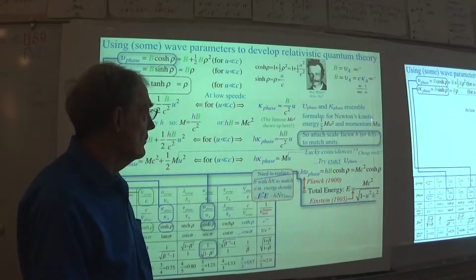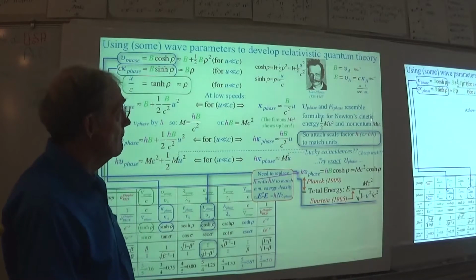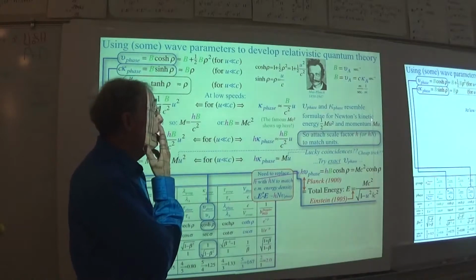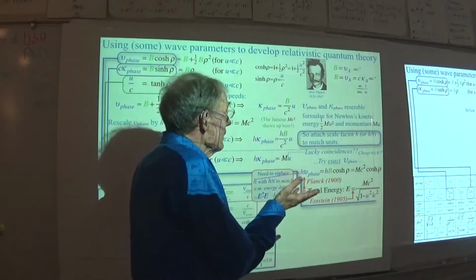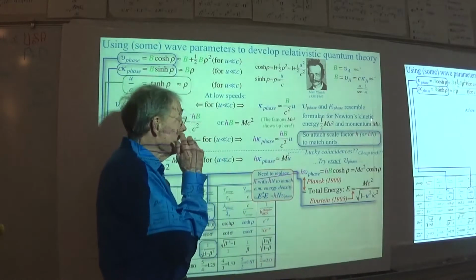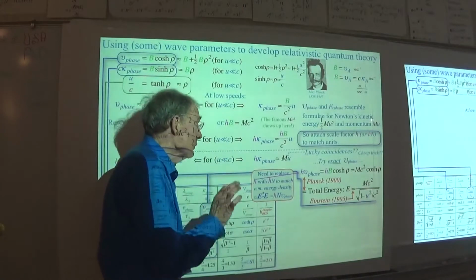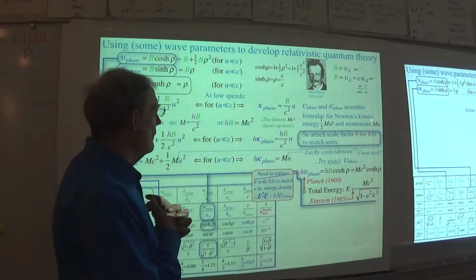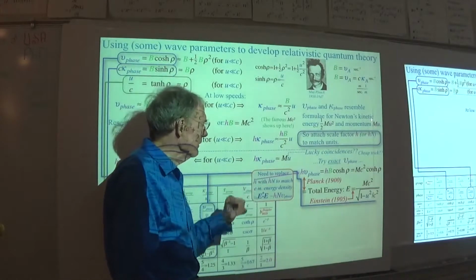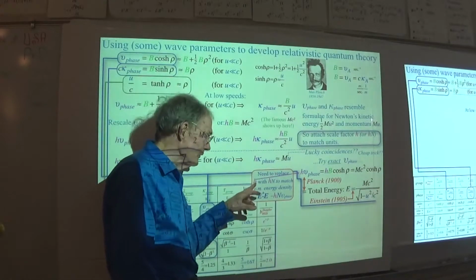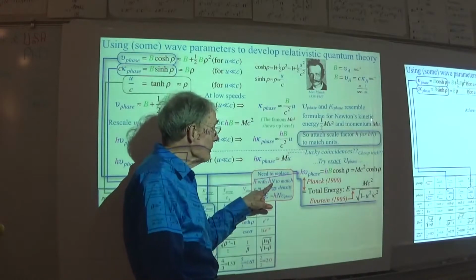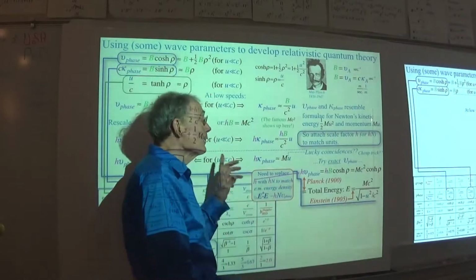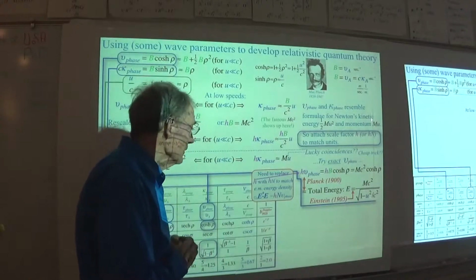And as I've mentioned before in this class, he thought that his hypothesis that E would be equal to H times a single frequency, not omega squared, was really worrisome. Now, what we have to do here is replace H with H times some quantum number. So we're talking about the lowest quantum state here.